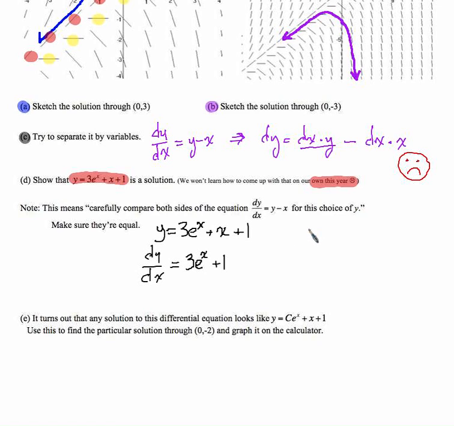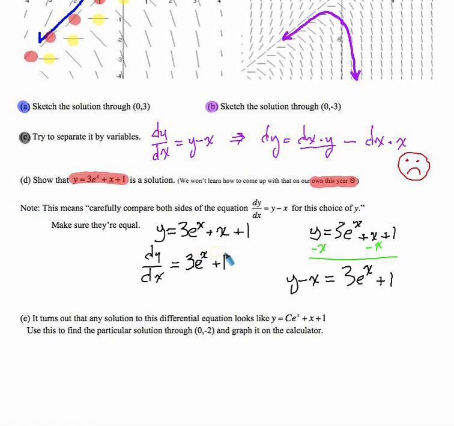The other way we can do this, if we start with the solution, y is equal to 3e^x + 1, and we subtract x from both sides, then we would end up with y minus x, which is equal to 3e^x + 1. Now notice what this has just done for us.